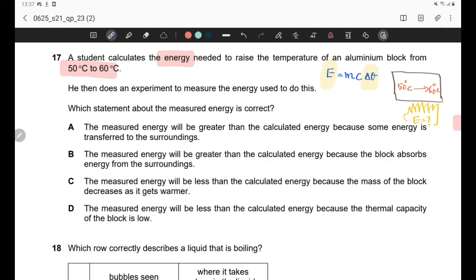But when we do this experiment, some of the thermal energy transferred to the aluminium block will be lost to the surroundings. So the thermal energy supplied is not only used to increase the temperature from 50 degrees Celsius to 60 degrees Celsius, but some of the energy is also wasted into the surroundings.